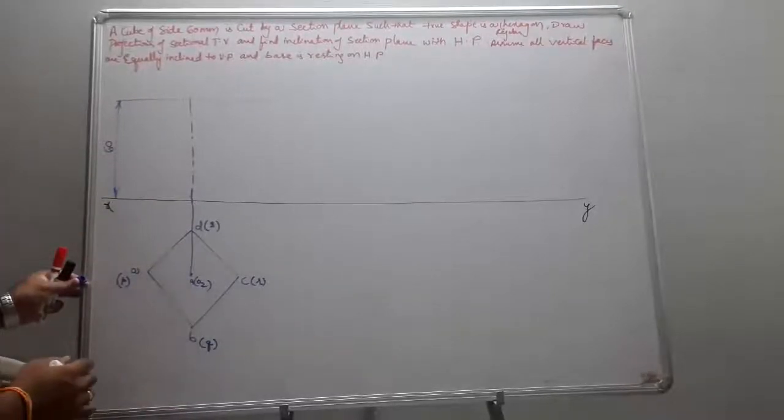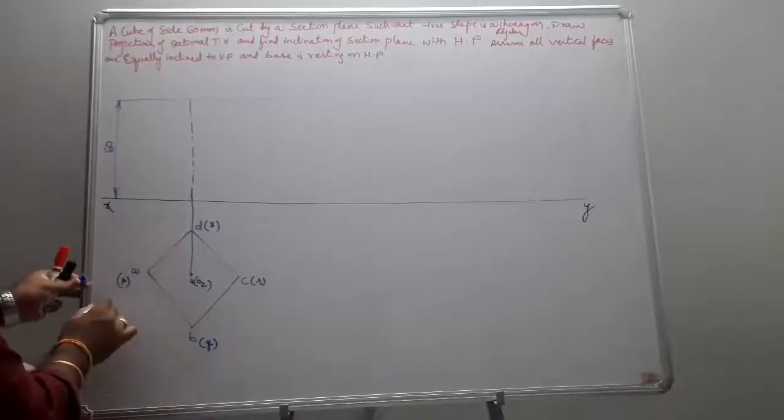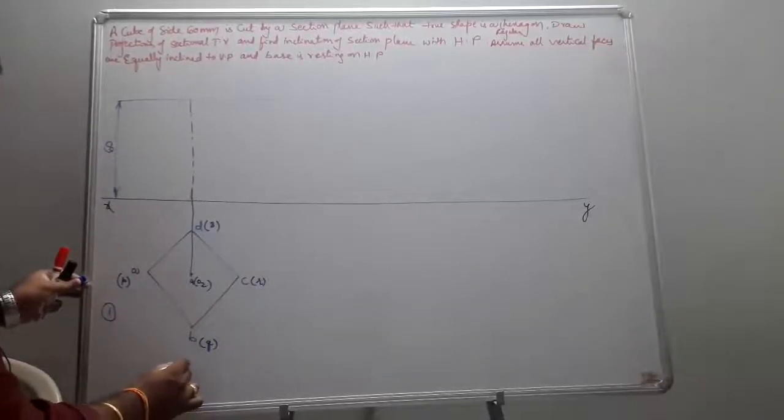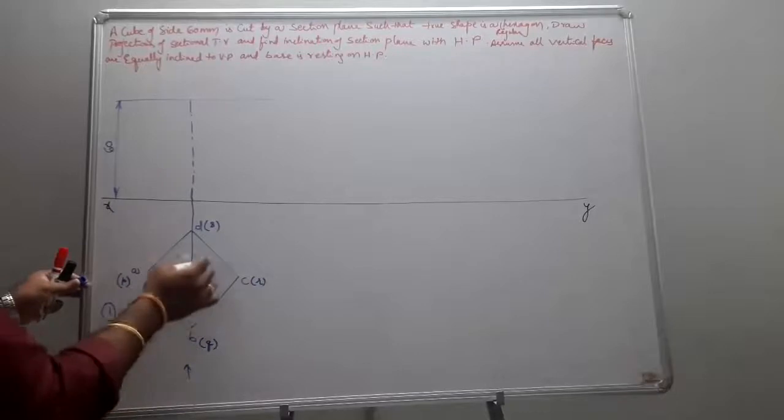When you see from the front, which points are visible? A, B, C are visible.